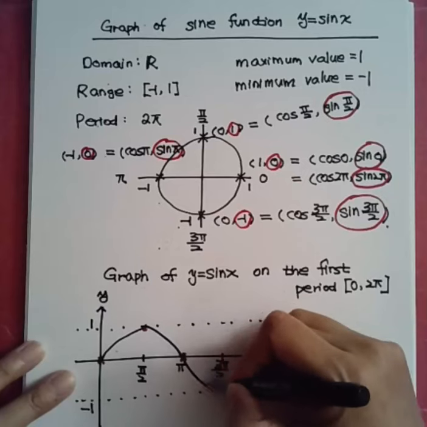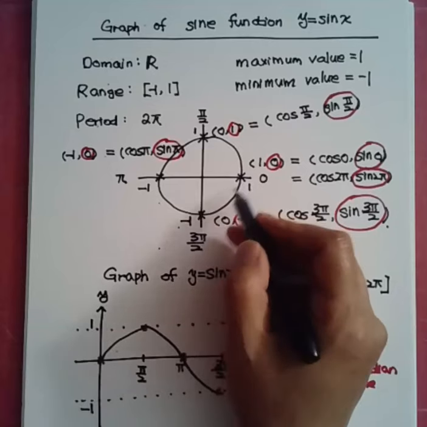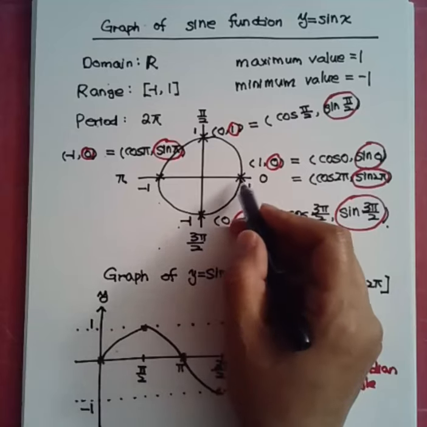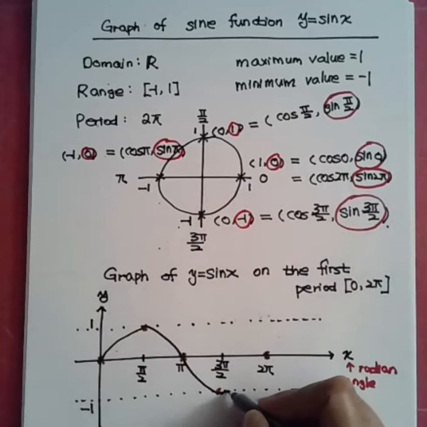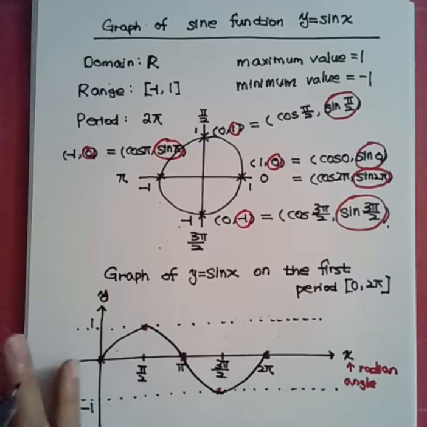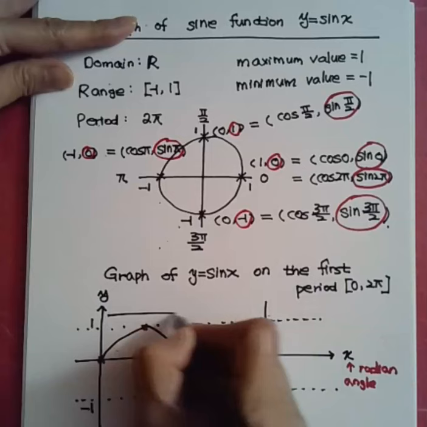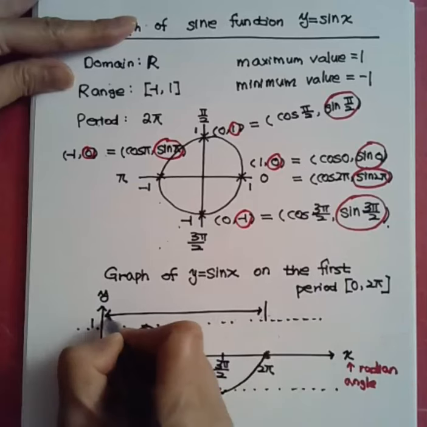So we will draw like this, and between 3 pi over 2 and 2 pi, the y value gradually increases until it becomes 0. So we complete the graph like this. As I said, the sine function is a periodic function, so the same pattern is repeated forever. So this is one period.